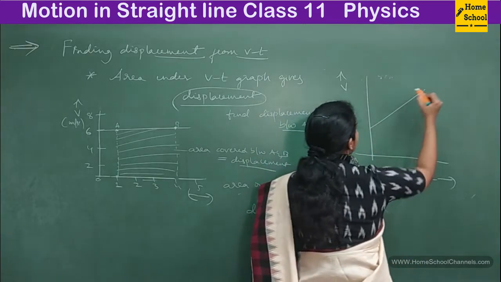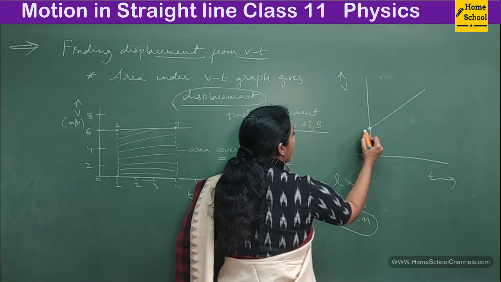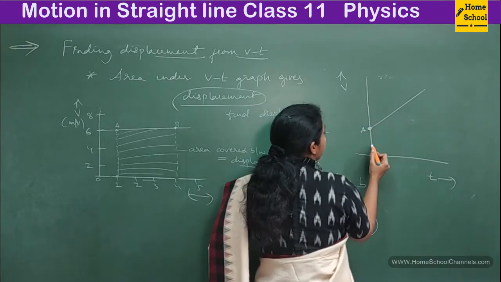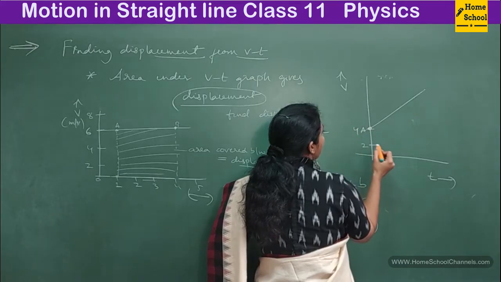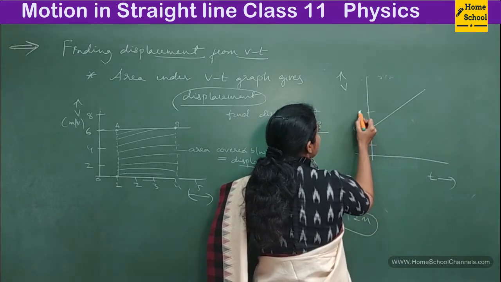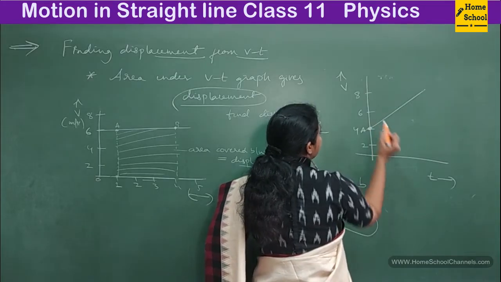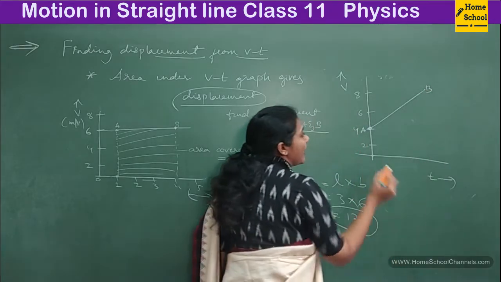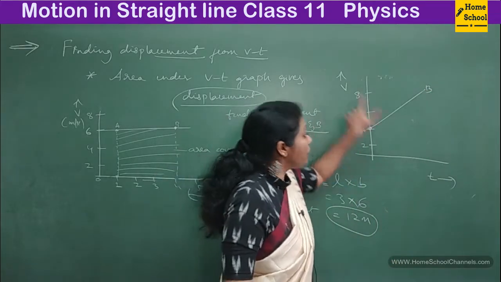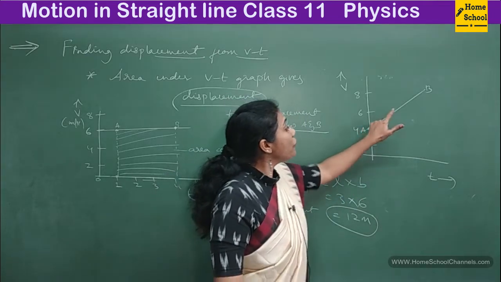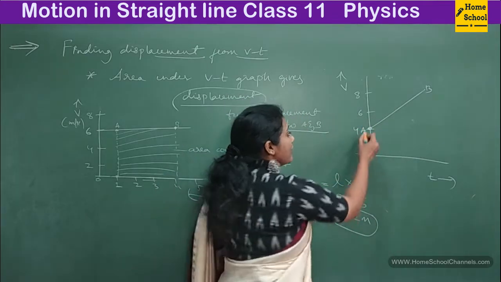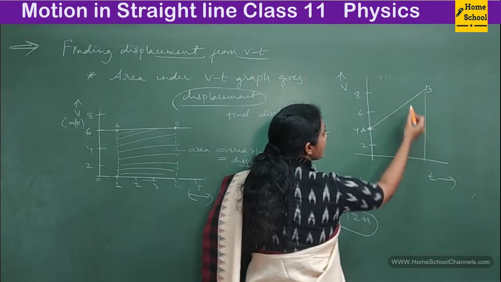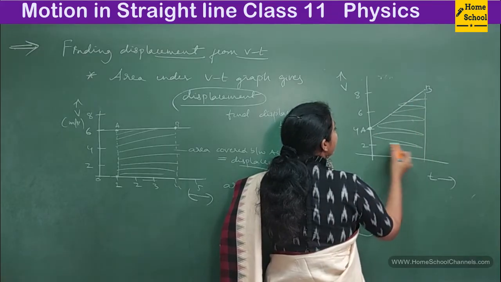Object A was having a velocity of this much, let me call it 2, 4, 6, 8, and the object has moved from A to B. If I ask you to find the displacement, how would you find it? Just the area under AB. What is the area under AB? This much is the area under AB.